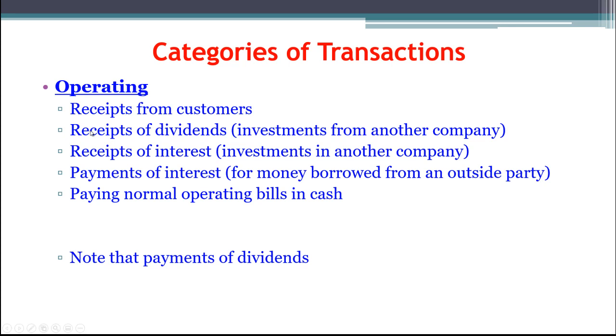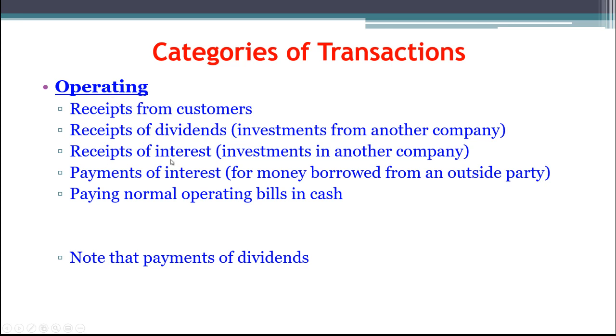Now, there are some other ones that normally come in. If they invested in stock of some other company and they happen to receive a dividend, under U.S. GAAP, the U.S. rules for accounting, this would fall under the operating cash inflows.